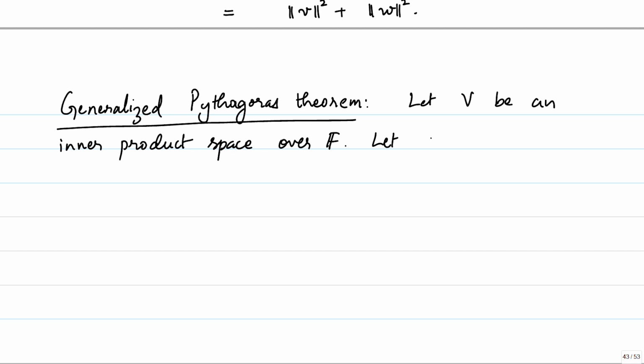So let V1 to Vn be mutually orthogonal vectors.